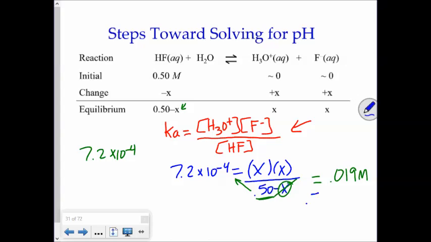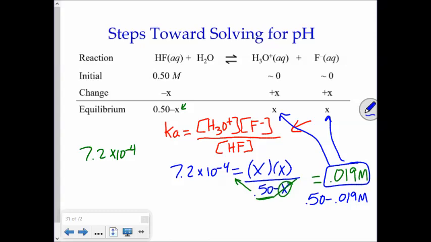So if we were to do our subtraction, this would be a very small amount here. And the X value right here is going to be the concentration for both the hydronium and the F minus, but we're looking for the what here?